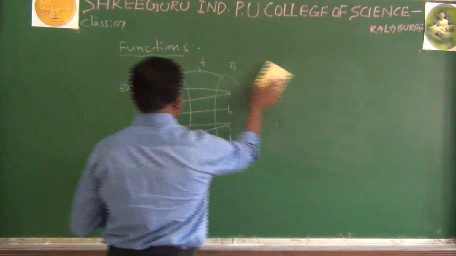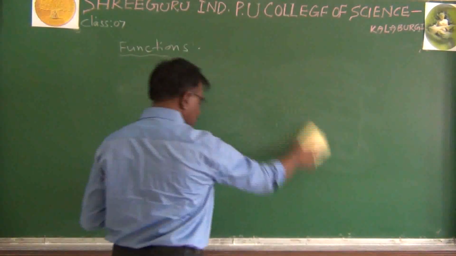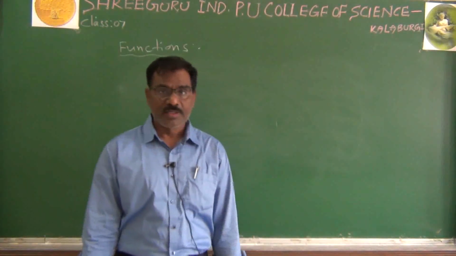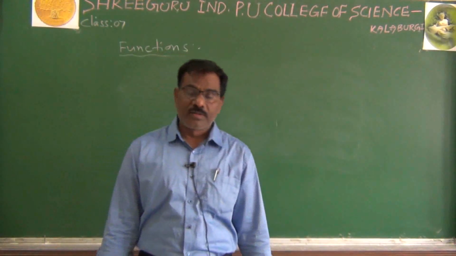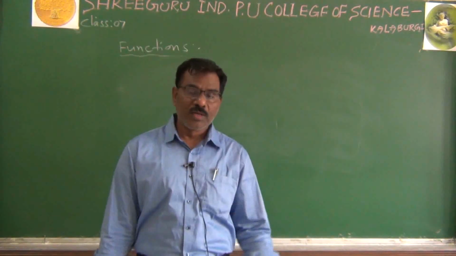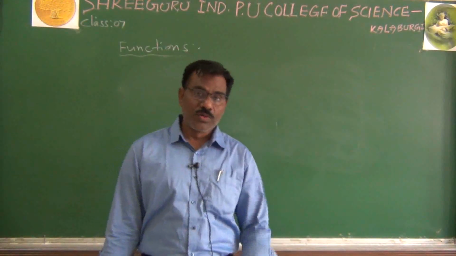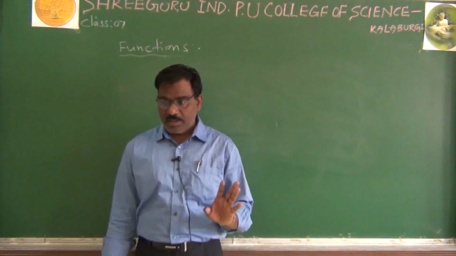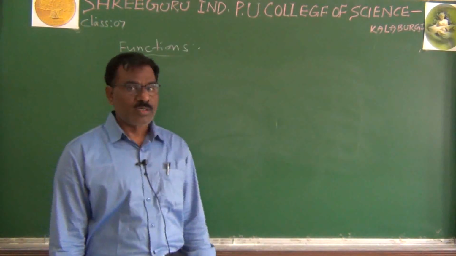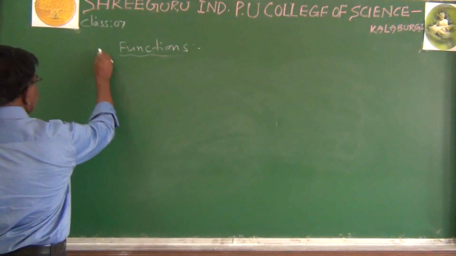The function f from set A to set B is a rule or method by which all the elements of set A are associated to set B. But what are the two conditions? All are associated, and it is a unique element in the set. Okay.